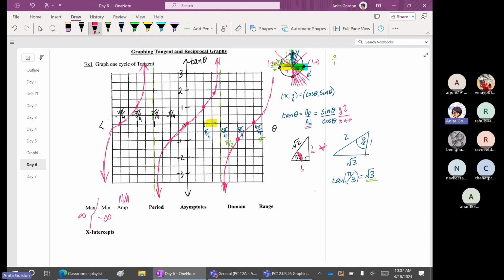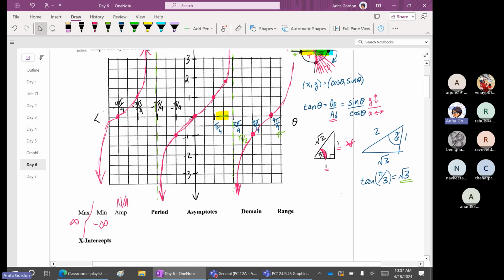But we do know that tangent is a repeating function. What is the length of one rotation? Yes, and if you're measuring one side, this goes from 0 to pi by 2.